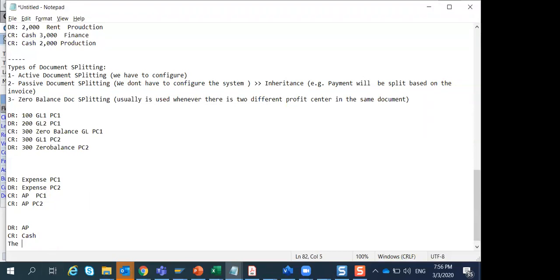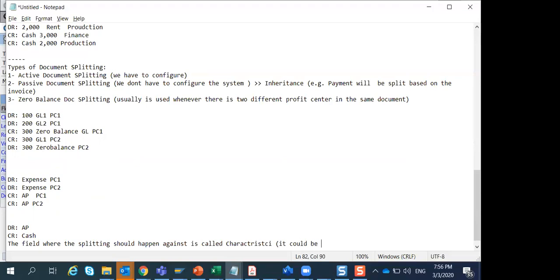The field against which the splitting should happen is called a characteristic. Characteristic could be any field in the practical sense.